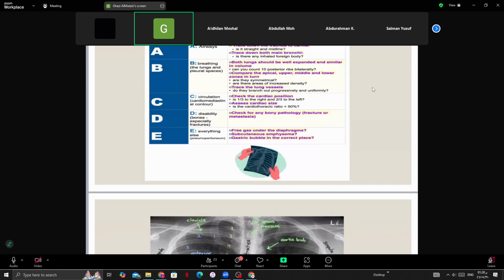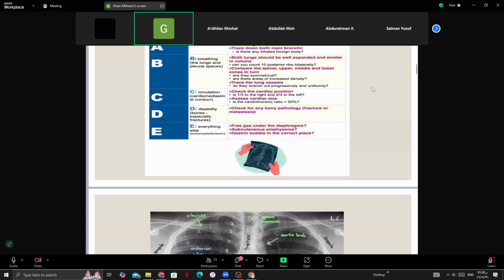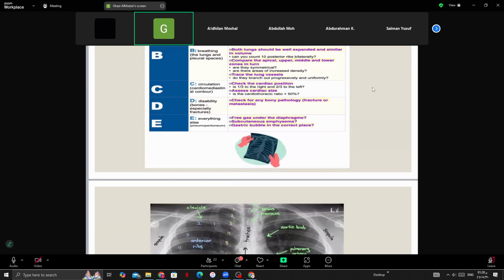Then you move to the D, you check for any bone pathology like fractures or metastasis to the bone. Then you will do the E, which is everything else. You will assess for free gas under the diaphragm, any subcutaneous emphysema, or whether the gastric bubble is in the correct place.